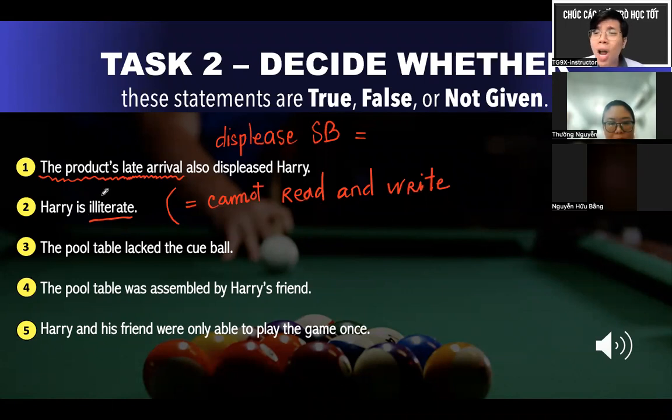Ah, right. Wait, I'm not asking about Harry. I'm asking about the word illiterate. What does it mean? Yeah. Illiterate means cannot read and write, but why? Because the person does not study to write. That's it. That is because that person does not study the language, right? They don't know the language.